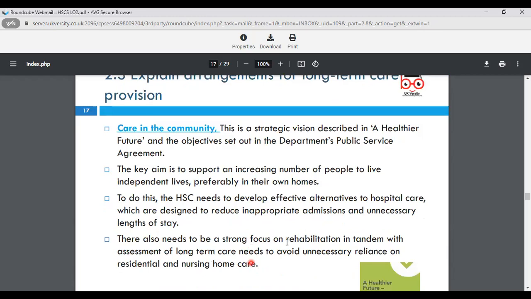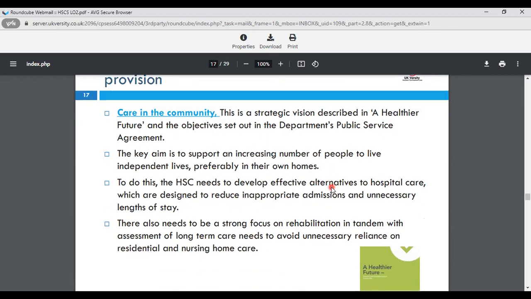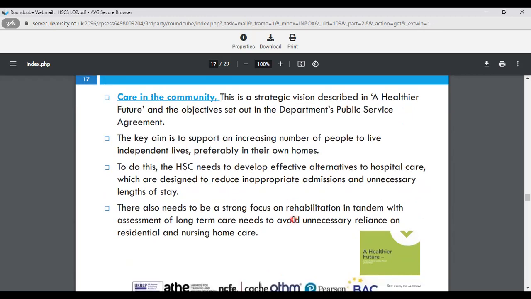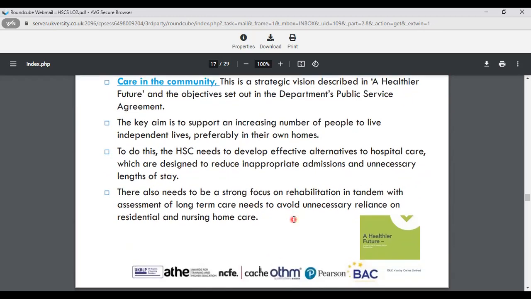So there's care in the community. This is a strategic vision described in a healthier future. It has objectives that are set out by the department's public service agreement. The key aim is to support an increasing number of people to live independent lives, preferably in their own homes. To do this, the DHSC needs to develop effective alternatives to hospital care, which is designed to reduce inappropriate admissions and unnecessary lengths of stay.